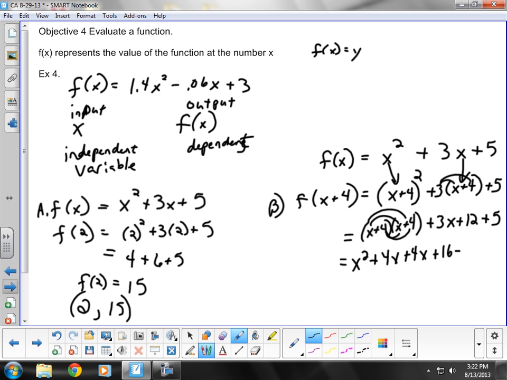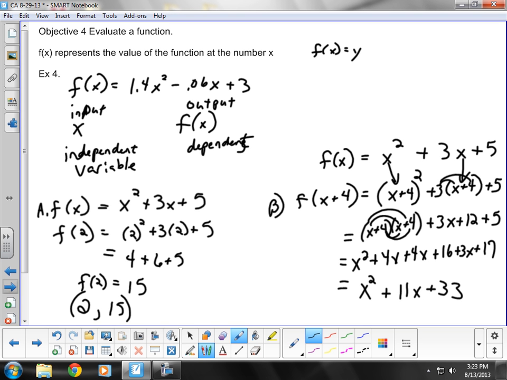Then I've got my plus 3x plus 12 and 5 is 17. Combining like terms, I get x squared plus 4 plus 4 plus 3 would be 11x, and 16 plus 17 would give me plus 33. Okay, so there's our result there.